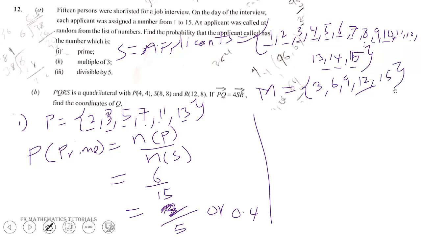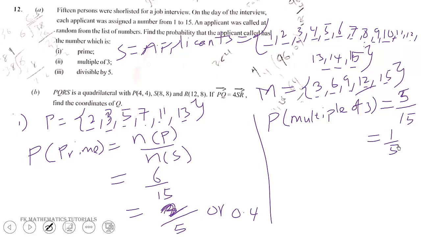So these are multiples of 3. How many are they? 1, 2, 3, 4, 5. So the probability of being a multiple of 3 is equal to the number of elements in that set, which is 5, over 15. That will give you 1 over 5.